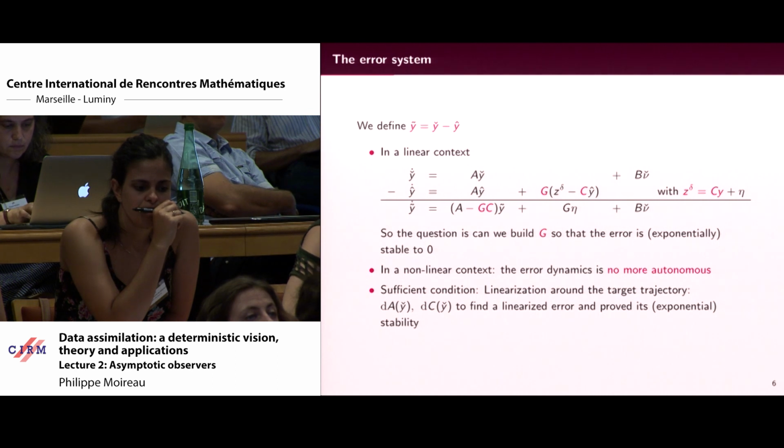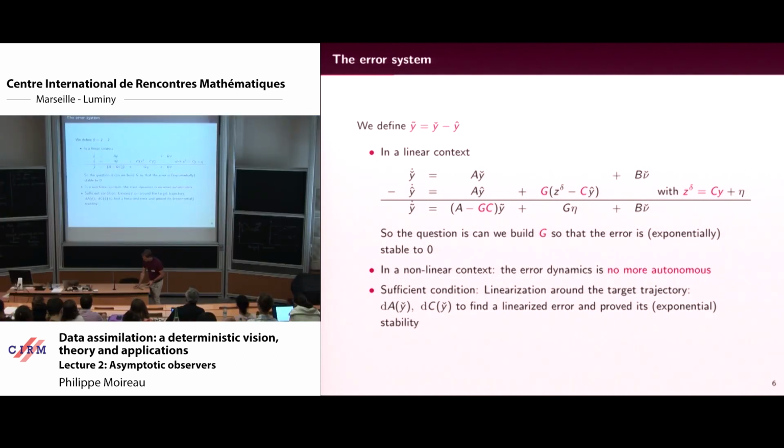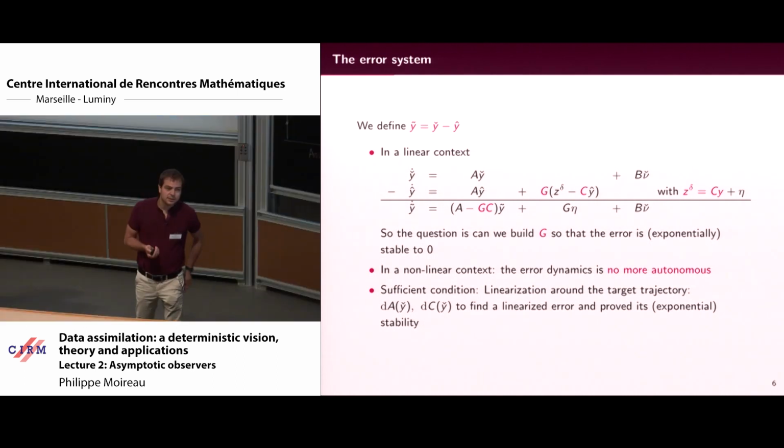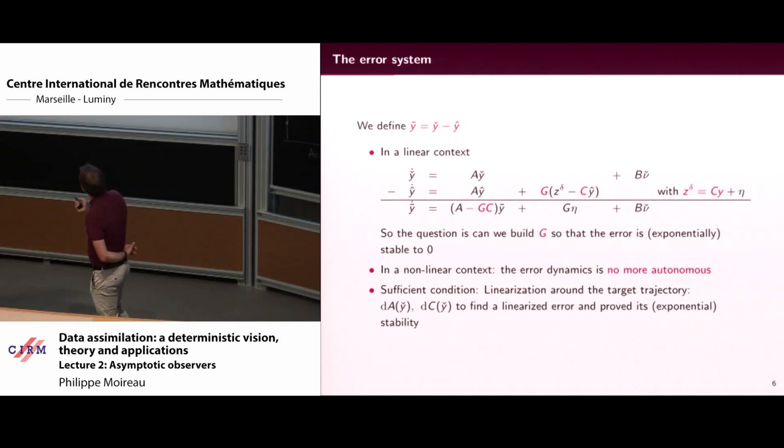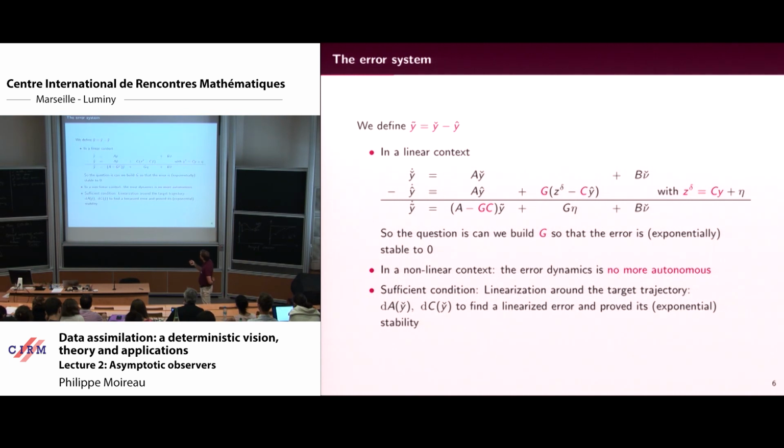And these two terms correspond to the errors who actually feed the system, okay? So if you have some experience about stabilization problems, the question is, can we build a G, not necessarily the Kalman one, so that this error is exponentially stable to 0 when you have no noise, okay?